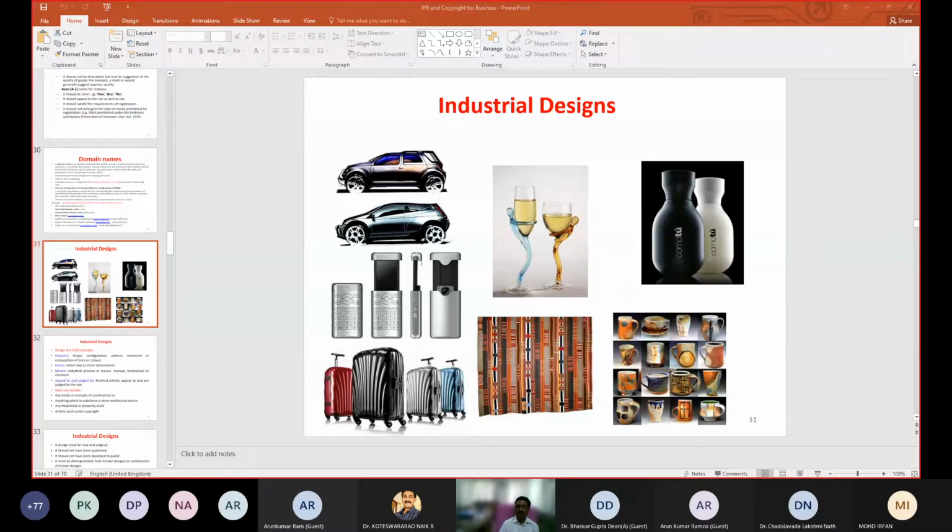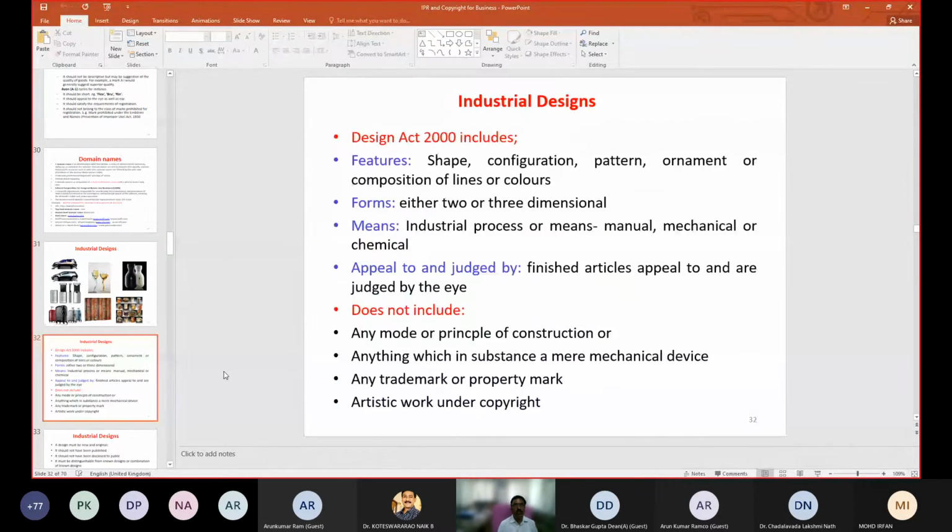Members have to provide limited protection for a period; the term of protection may be 10 years. That is also recognized under our law, which is a very important aspect. So, going to our Design Act.